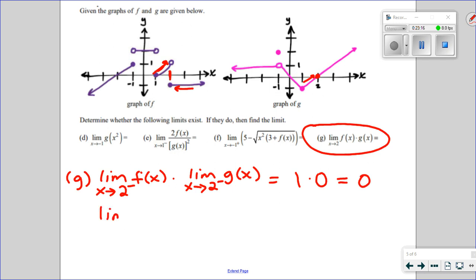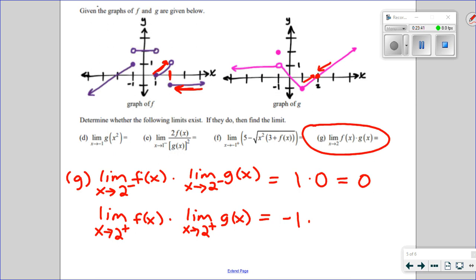Okay, let's evaluate the limit as x approaches 2 from the right. All right, the limit as x approaches 2 from the right of f of x. Again, we can see that y is approaching negative 1. The limit as x approaches 2 from the right of g of x.